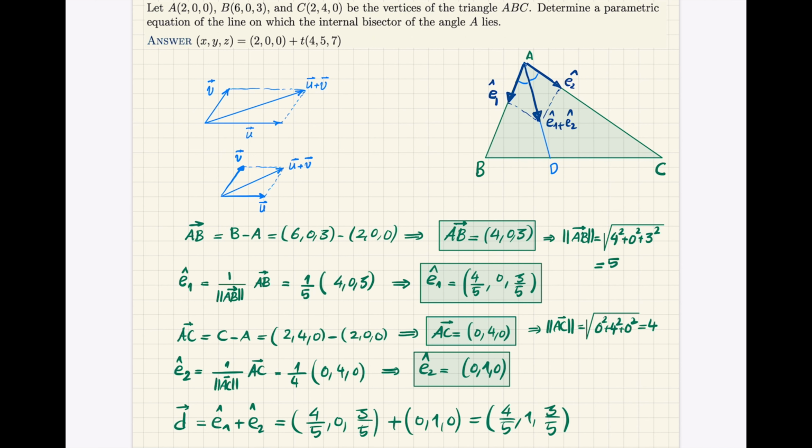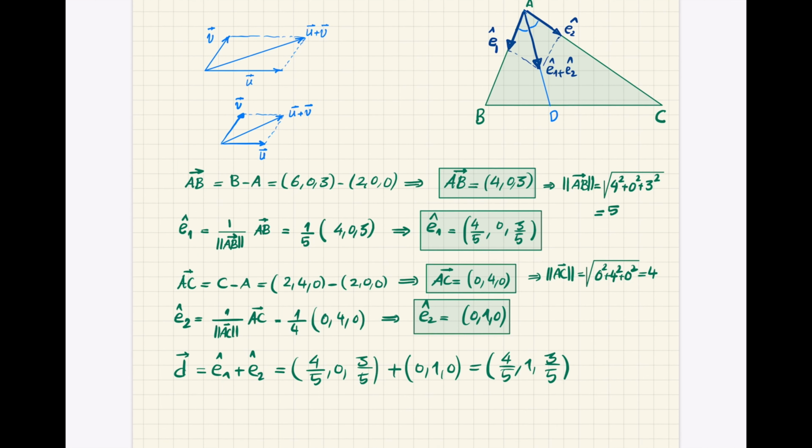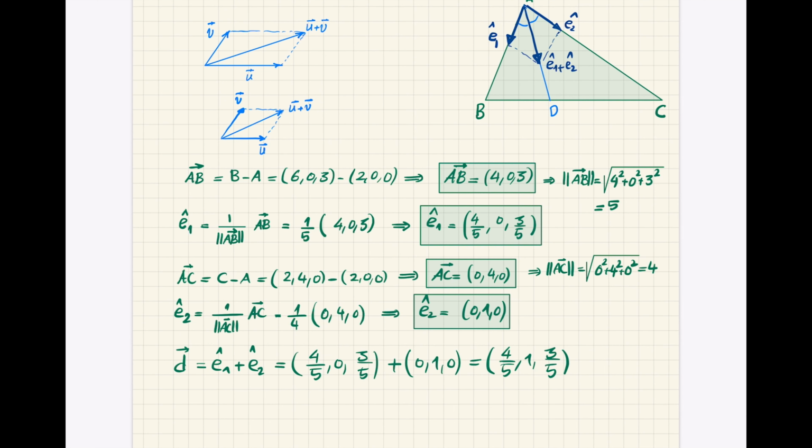But that's up to you. You can work with this one, but I would prefer to multiply it by 5. So for example, d prime is also another direction vector that I multiplied by 5. So it becomes 4, 5, and 3.